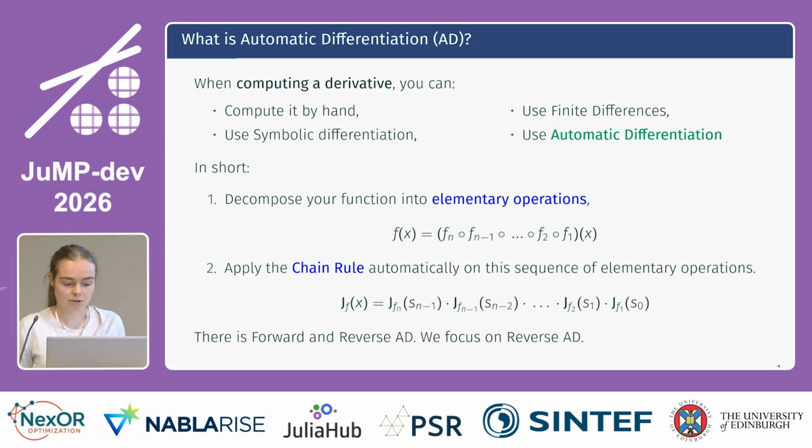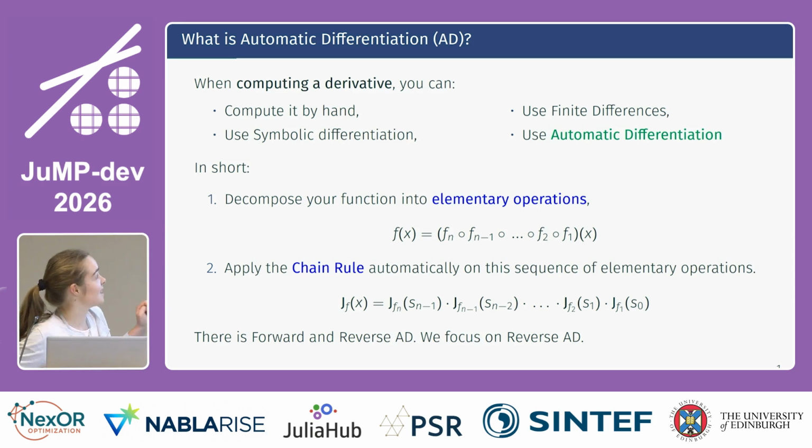So anytime you want to compute a derivative, you actually have the choice between computing it by hand or using symbolic differentiation to have the computer compute this symbolic expression for you. Or you can use finite differences, but this is not exact. Or you can use the algorithmic way, so use automatic differentiation, and this is what we do all the time, actually.